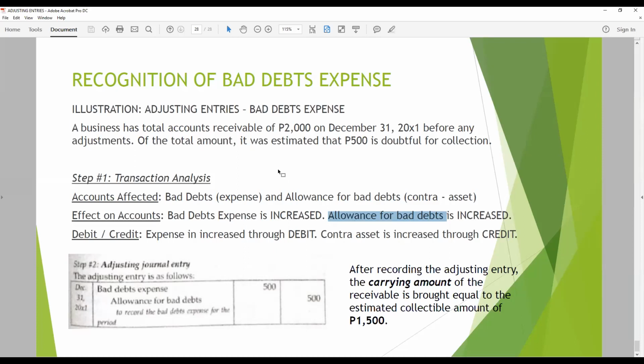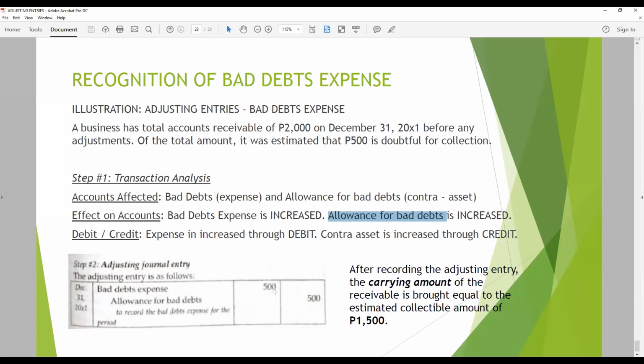Debit nyo yung allowance, credit nyo yung accounts receivable. So, expense is increased through debit, contra account is increased through credit. Adjusting entry, ganito yung entry nyo to record the bad debts expense.